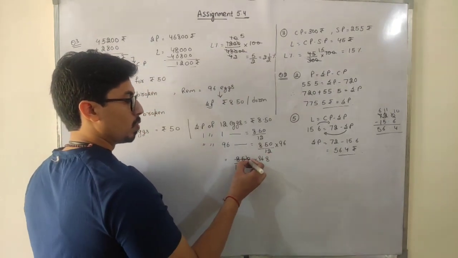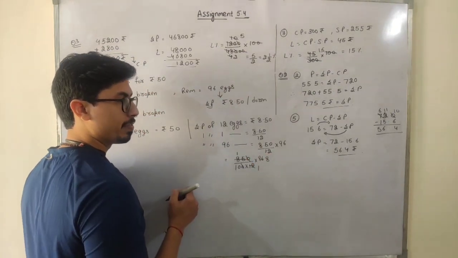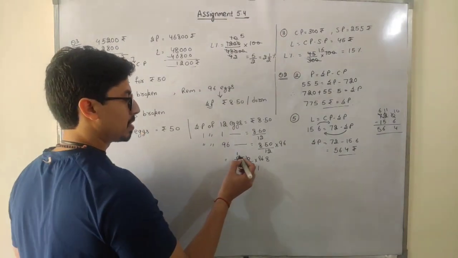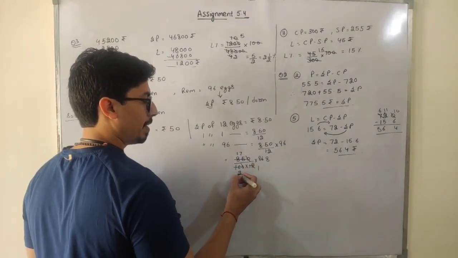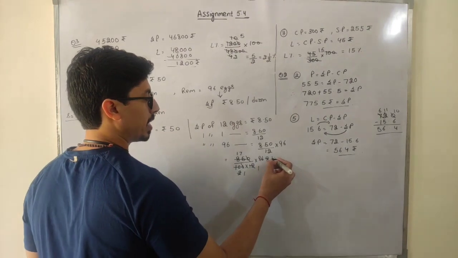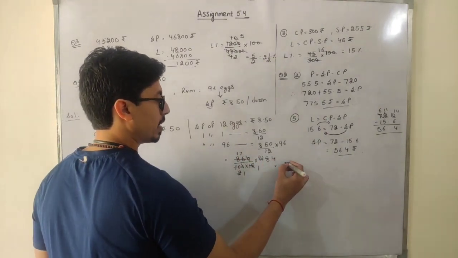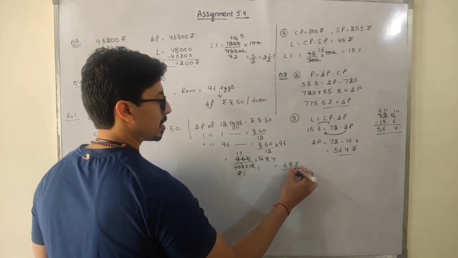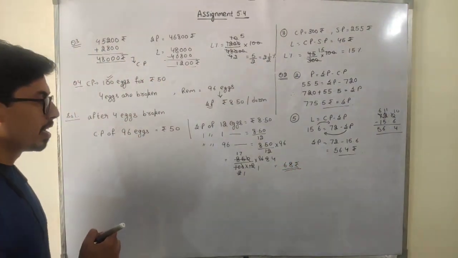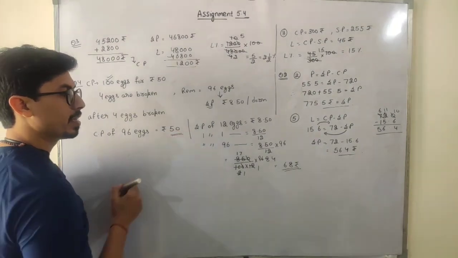Okay. So see, 5 ones are 5. Remainder is 3. 5 7s is 35. 5 2s are 10, 2 1s are 2, 2 4s are 8. So if I just multiply them, 4 7s are 28 and 6. So the selling price is rupees 68 and the cost price is rupees 50.